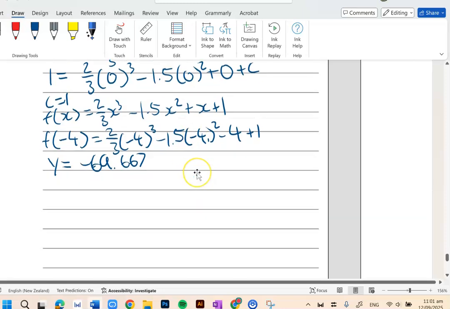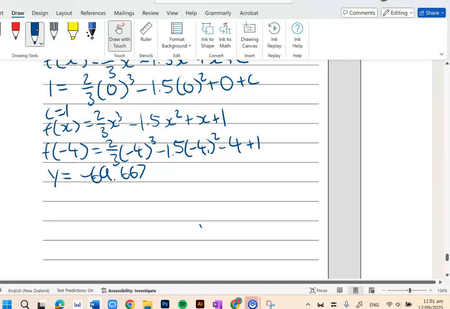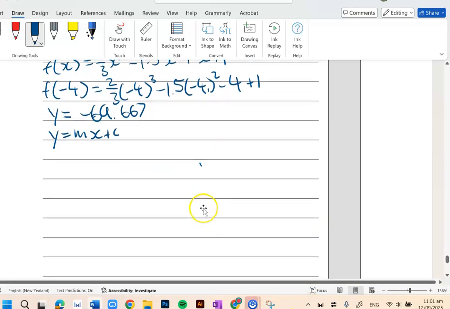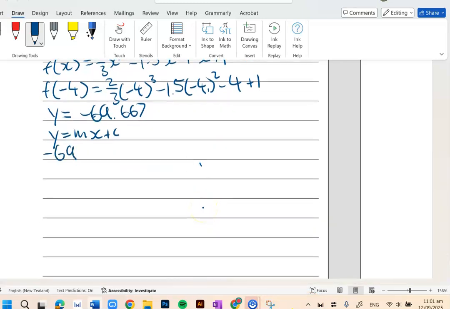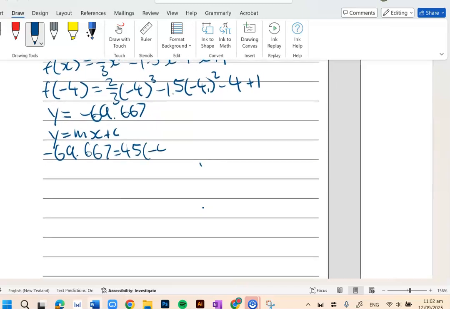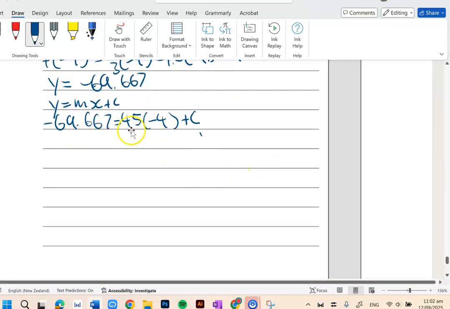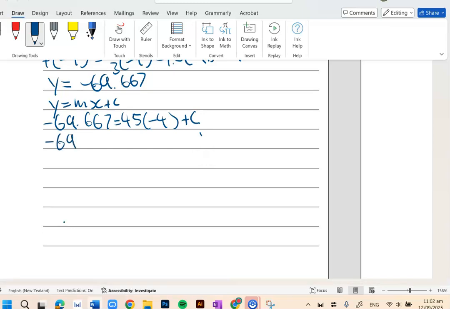So now we have all the information we need to find the tangent equation. It's going to be y equals mx plus c, remember? Plugging in the values we found, it's just going to be -69.667 equals 45 times -4 plus c. 45 times -4 simplifies this to -180 plus c.